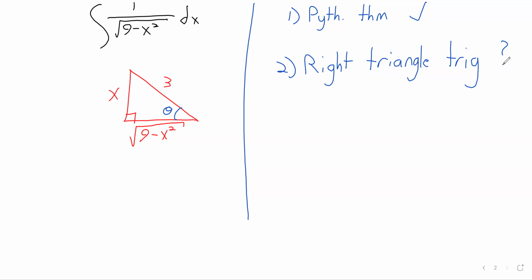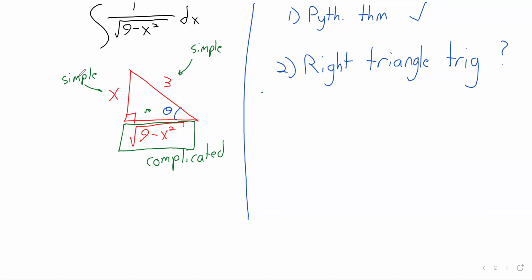And our motivation here is that one side of this right triangle is complicated, whereas the other two sides of the right triangle are simple.